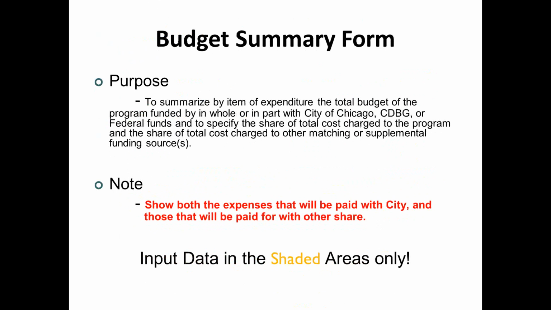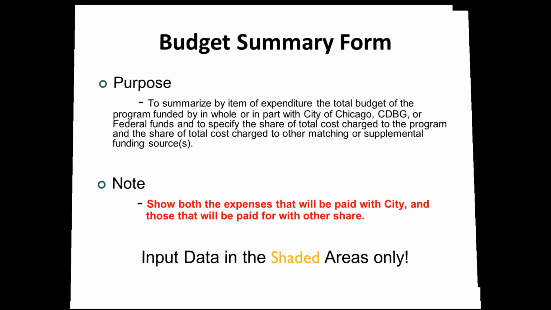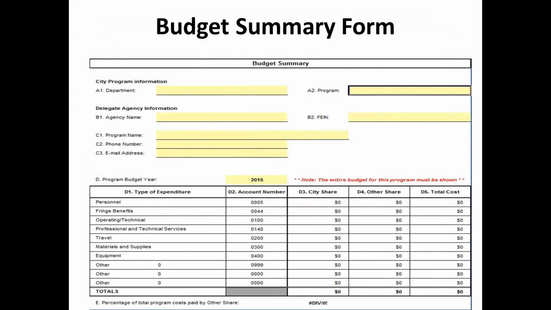We want to make sure that we show all the expenses that will be paid with the city and those that will be paid with other funding share. For the budget summary form, the most important thing to remember is that we are only inputting data in the shaded area only. Here's an example of our budget summary form.